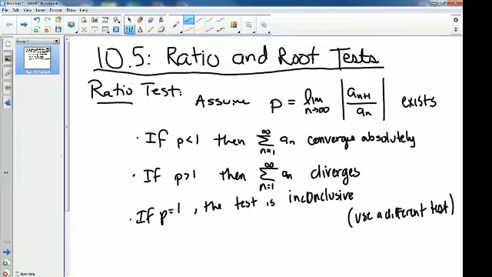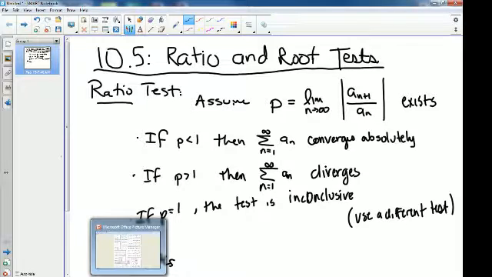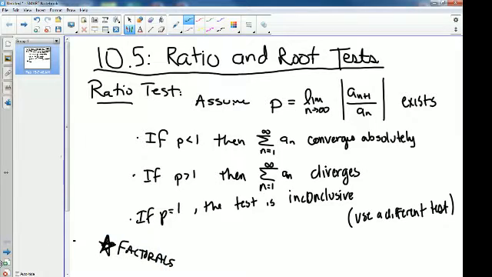Okay, this one is really useful with factorials. If you see a series with a factorial in it, this is the one you probably want to use. So if you see a factorial, this one is really, really useful.